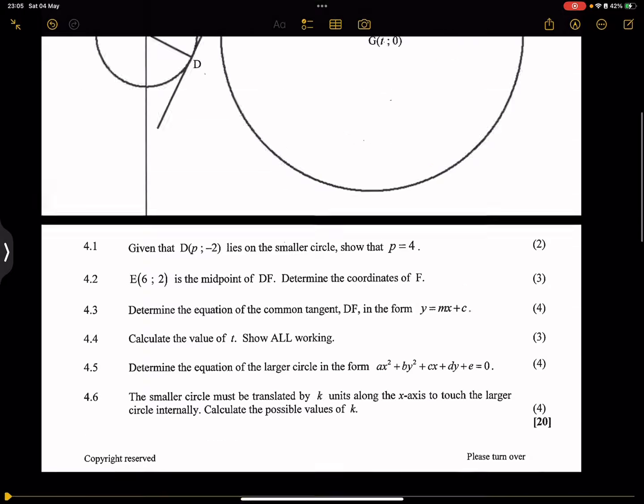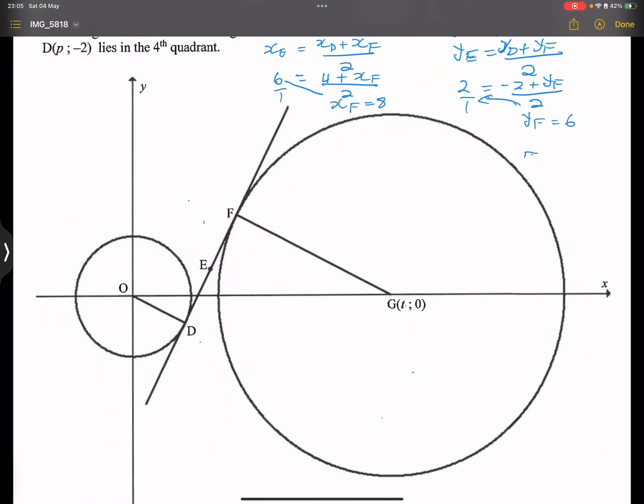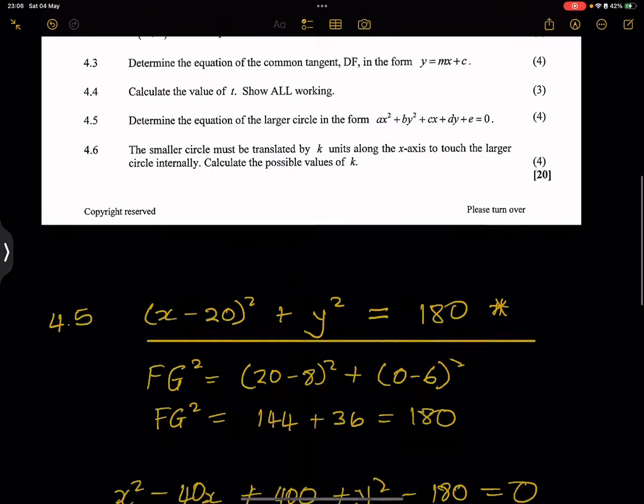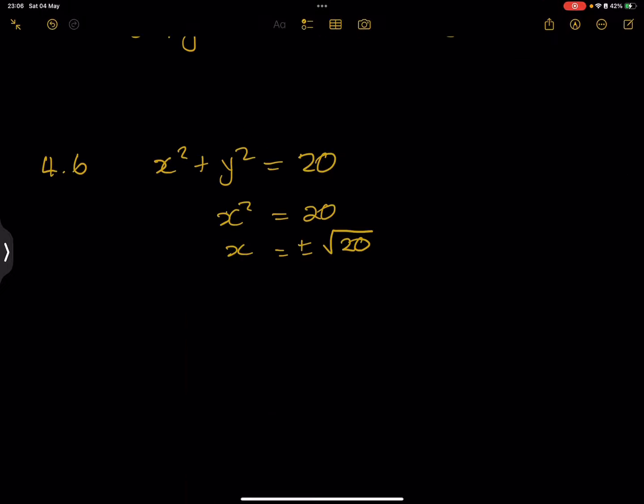I want you to think about it. This value here and that value over there. So this value is minus root 20, and this would be positive root 20. Now for the bigger circle, what would be our x-intercept?